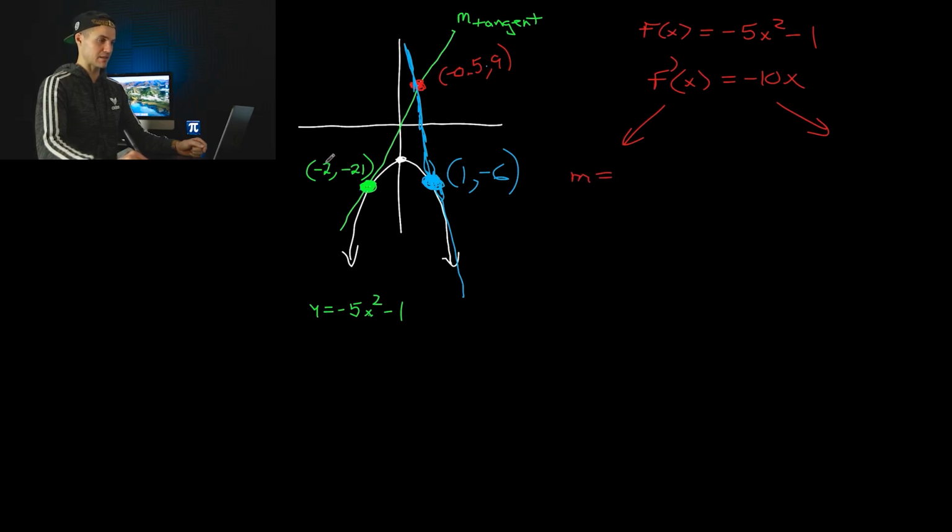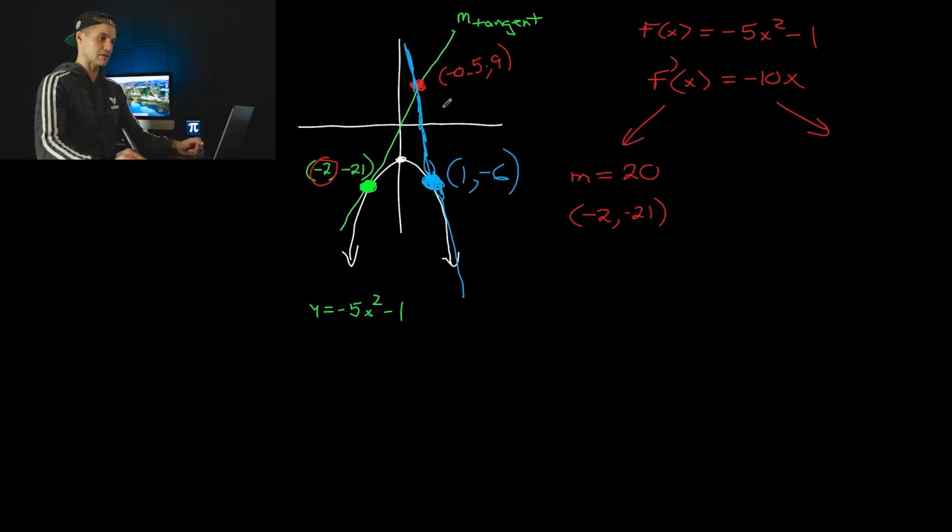If I plug this x value of negative 2 into the derivative, negative 10 times negative 2 gives me 20. So this green line here has a slope of 20, and it's also going through this point, negative 2, negative 21. Or you could also use this point to solve for the b value, negative 0.59. It doesn't matter. They should give you the same b value.